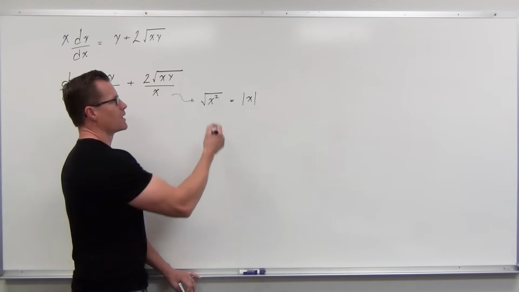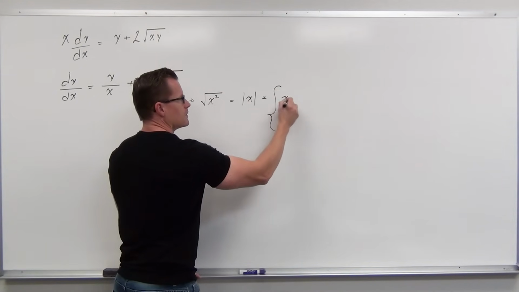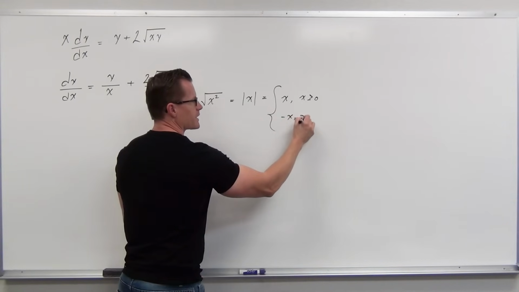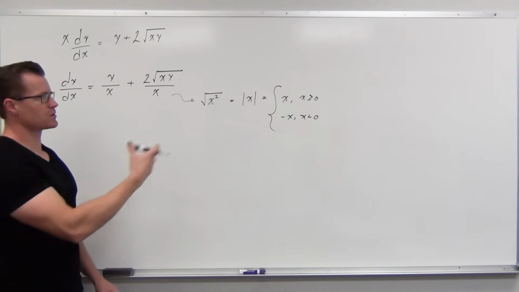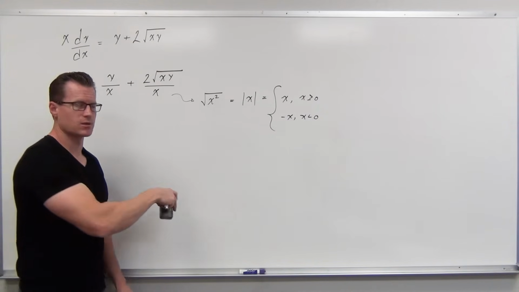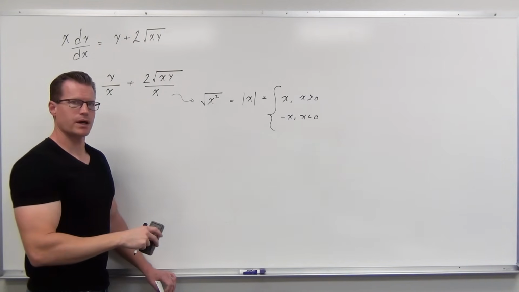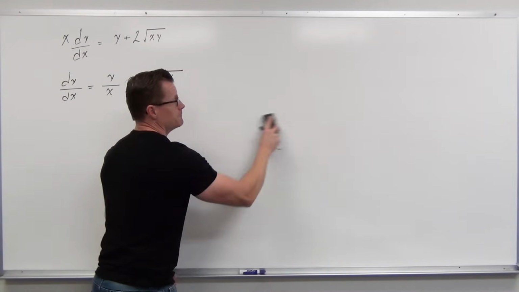So for this to work, this would be x if x is positive, negative x if x is not positive. So we'd have to look at the domain there. For us, let's say that x is positive and we're going to make that substitution. I just want to do a little side note there that sometimes you'll see this without any explanation. Right or wrong, that's not technically right, but that's what they're doing right there.